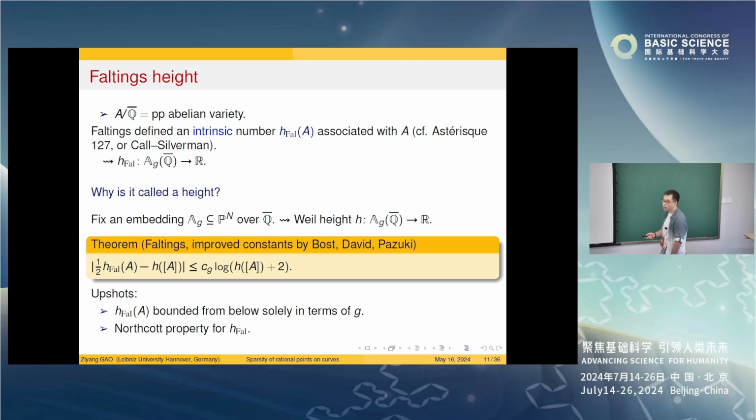So because of this comparison, and this logarithmic Weil height satisfies both properties easily by definition, we get that the Faltings height is bounded from below, and it satisfies the Northcott property, so that it is indeed a height. But this height is very good in the sense that it's intrinsically defined. We don't need to put A into the moduli space to define this number. It just depends on A. So it's an intrinsic number.